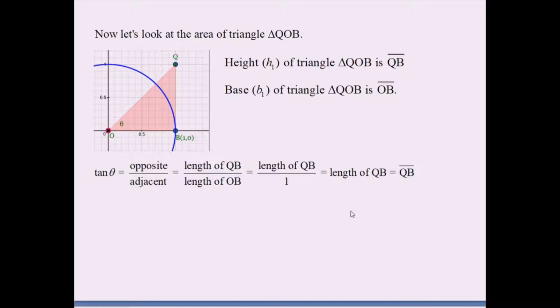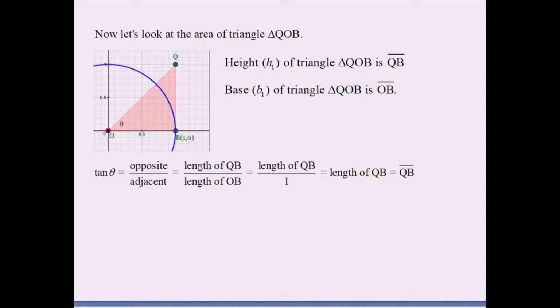And now let's take a look at the area of the triangle QOB. For triangle QOB, we notice that the height is QB and the base is OB. And then here we have the angle theta. The tangent of this angle will be the opposite divided by the adjacent.